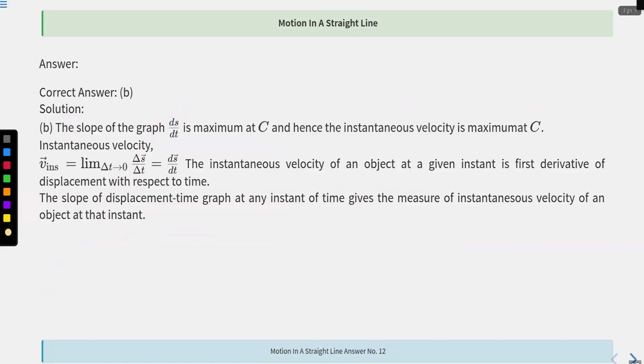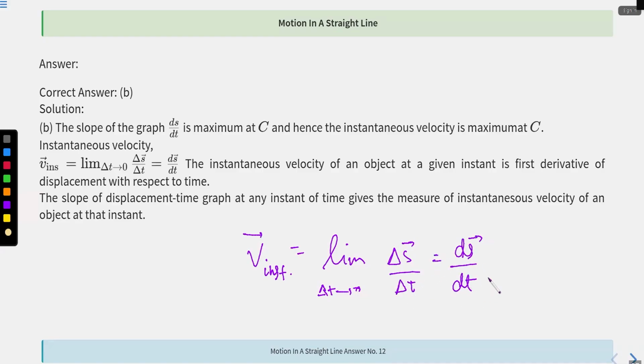So this is what they have told us. V instantaneous, just note the formula, is nothing but the limit as delta t tends to 0 of delta s by delta t, which is ds by dt. When the limit tends to 0, when there is a very small change in time and a small change in distance, we calculate the velocity at that specific point.